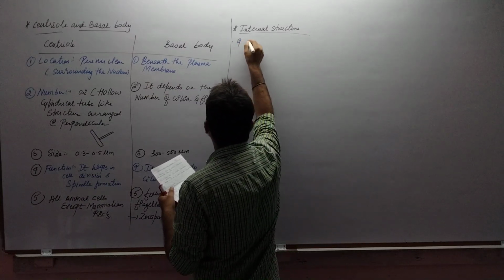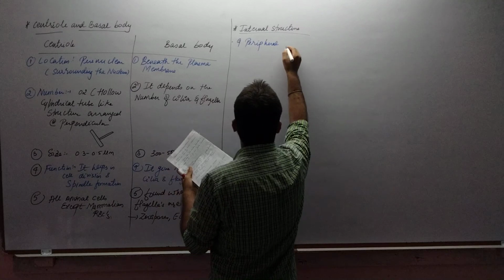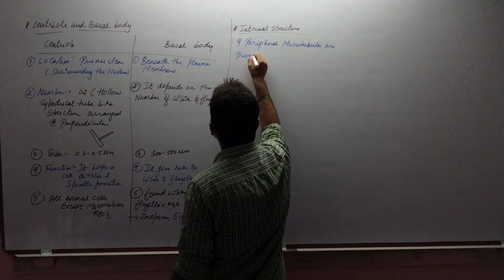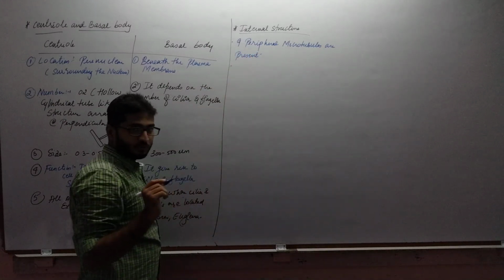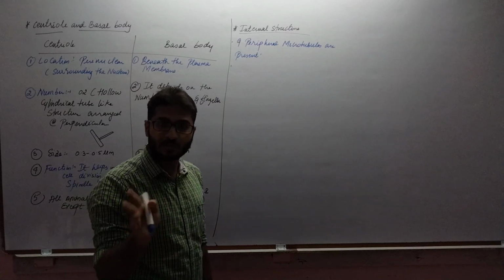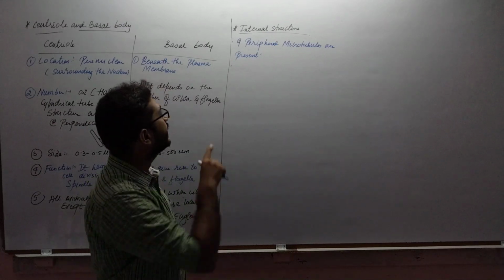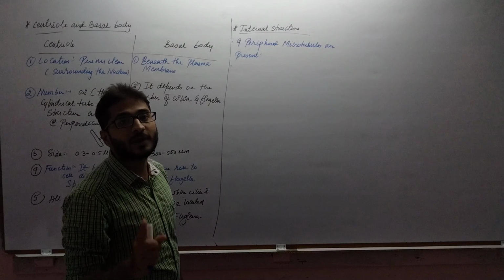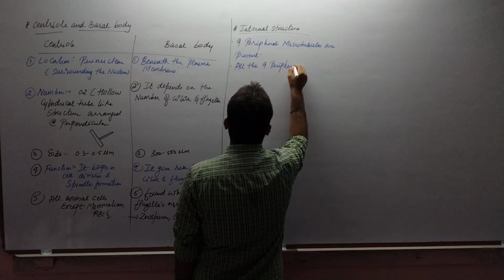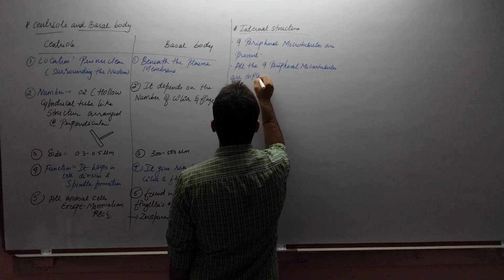So here 9 peripheral microtubules are present, but the difference from the microtubules of cilium and flagellum is this: in cilium and flagellum, it was a doublet, A subtubule and B subtubule. Here all the 9 peripheral microtubules are triplet.